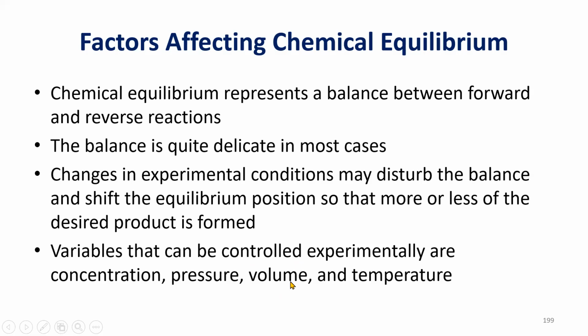The volume, this also applies for gaseous species in a reaction, and the temperature. So these are the variables that can be controlled, and these would affect the chemical equilibrium. So we're going to look at each of these to see how any changes in these variables affect the chemical equilibrium.